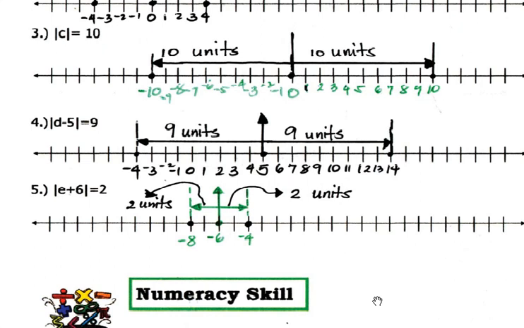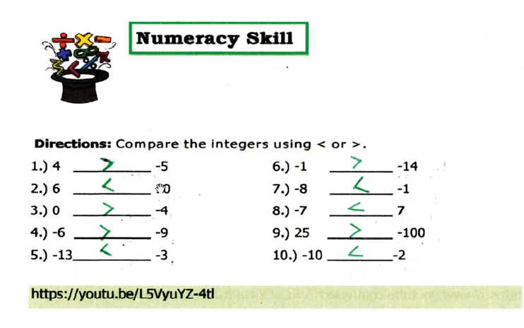We move on to the numeracy skill. Directions: compare the integers using less than or greater than. Number 1, 4 is greater than negative 5. Correct. Number 2, 6 is less than 10.